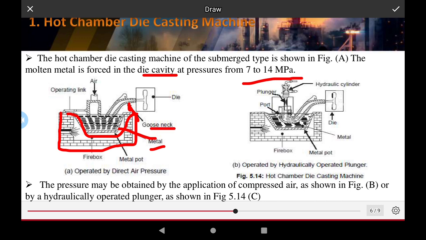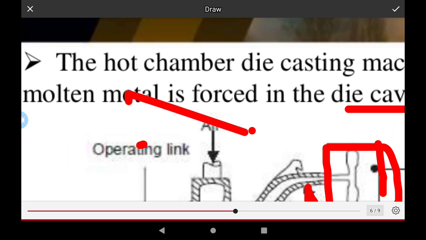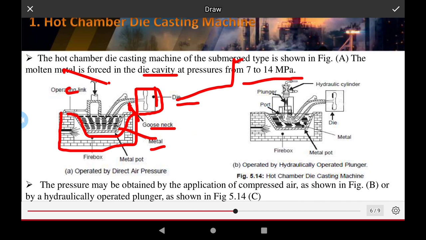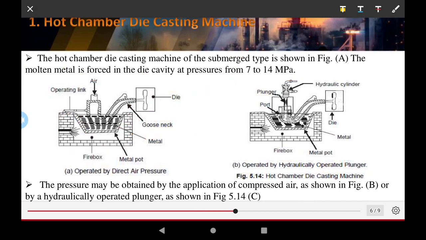This is the gooseneck. This is the die. This is the air pressure or atmospheric pressure. This is the opening, this is the riser used for the air pressure in the firebox.